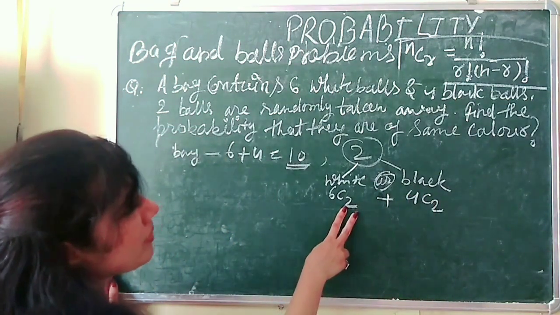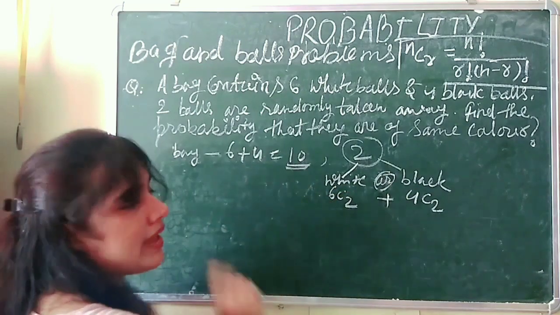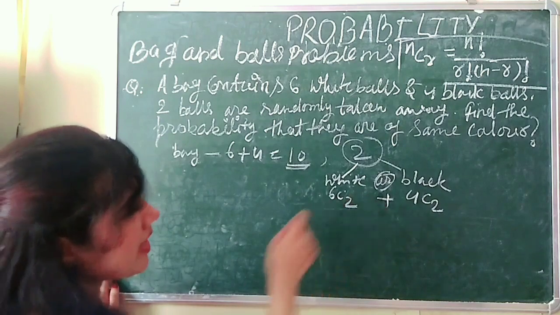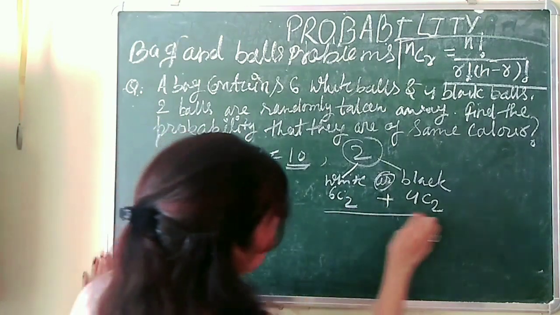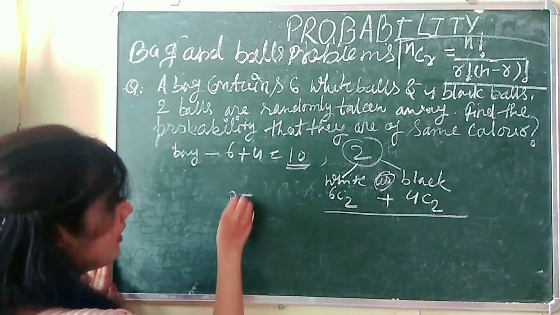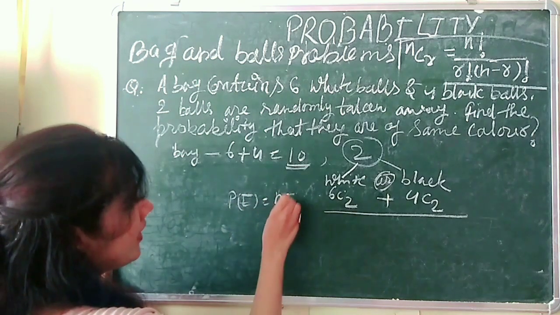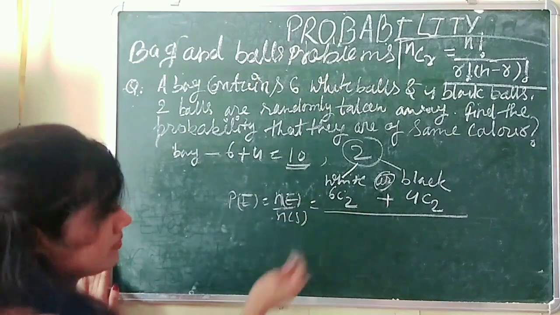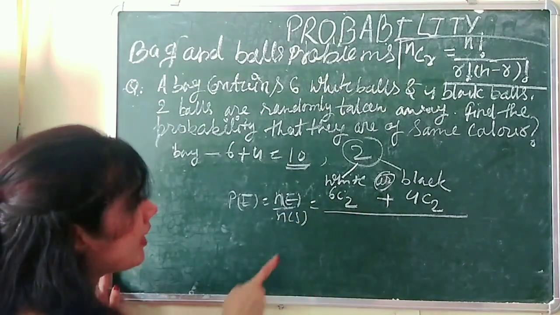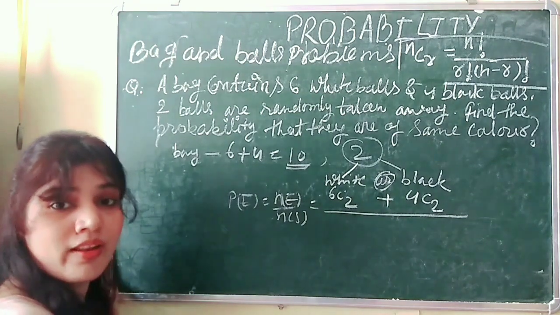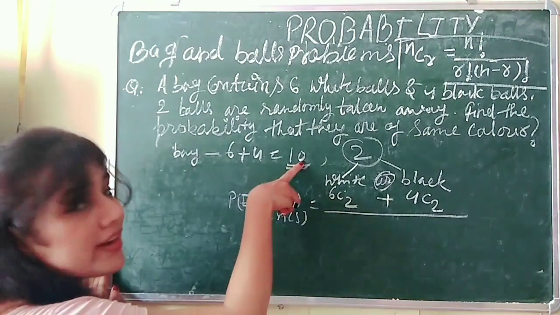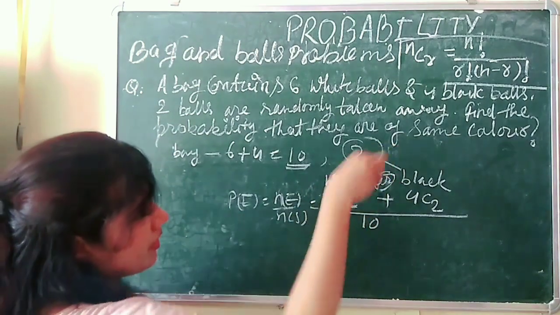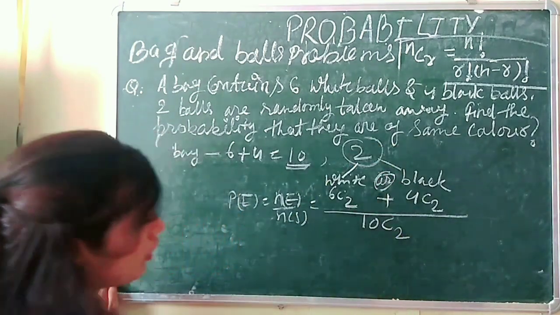Because both balls should be either white or black. So we put an addition sign, and upon, because we know the formula is P equals NE by NS. This is NE, the required outcomes, and NS is total possible outcomes. That will be 10, and 2 balls are randomly taken away, so that will be 10C2. Now we will solve it.